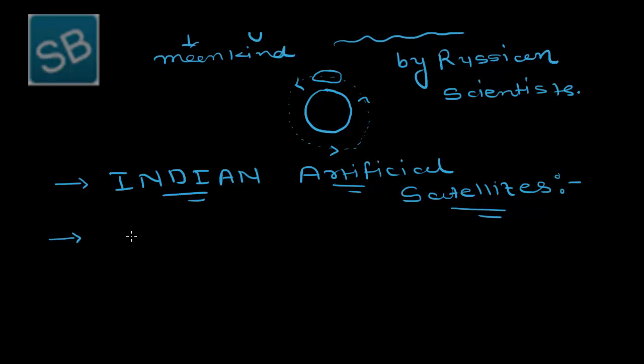The first was Aryabhatta, and then there was a series of satellites, and it is known as INSAT series of satellites. And at present, hundreds of satellites by many countries of the world have been launched.